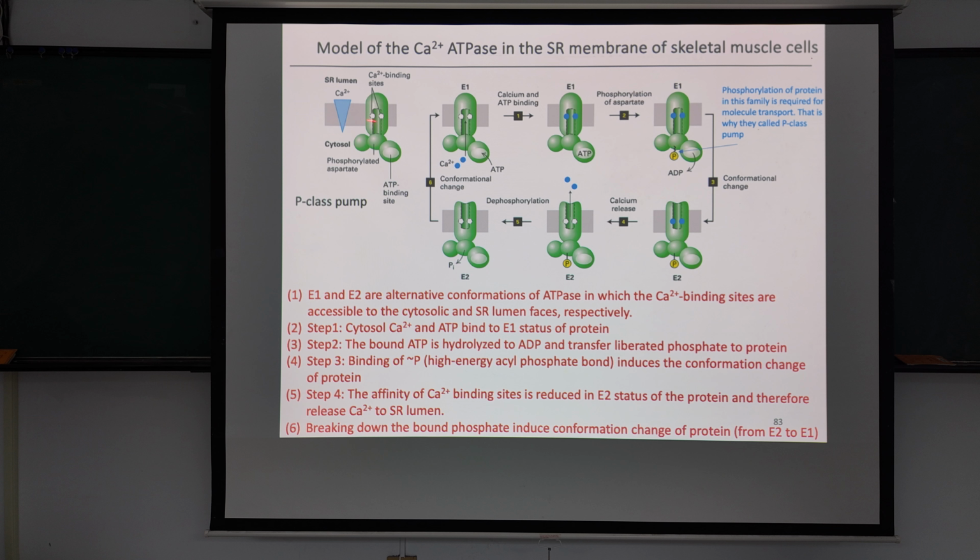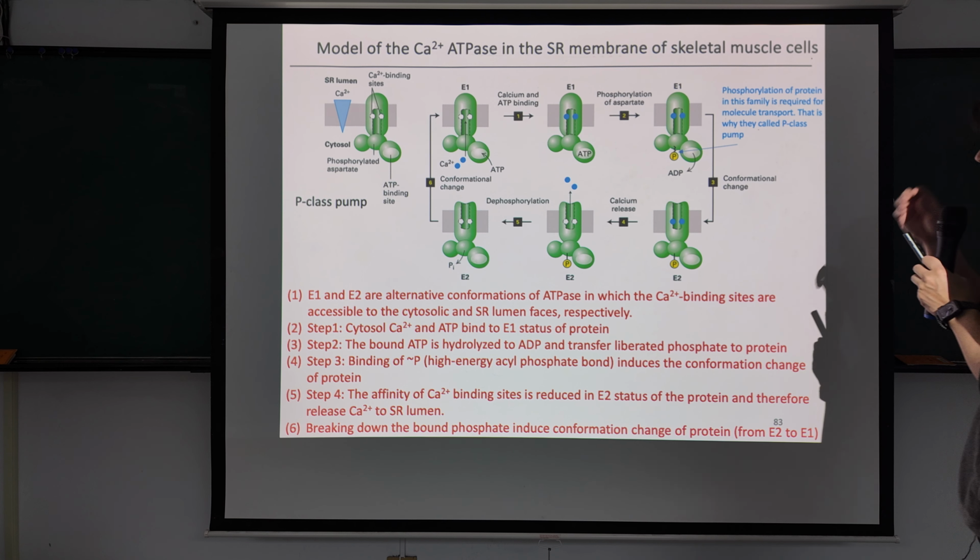So this is the membrane of the sarcoplasmic reticulum, the gray layer, and the upper part will be the lumen, and the lower will be the cytosol. So how can this calcium ATPase generate such an electrochemical gradient, meaning how can it keep transporting a lot of calcium into the lumen for storage?